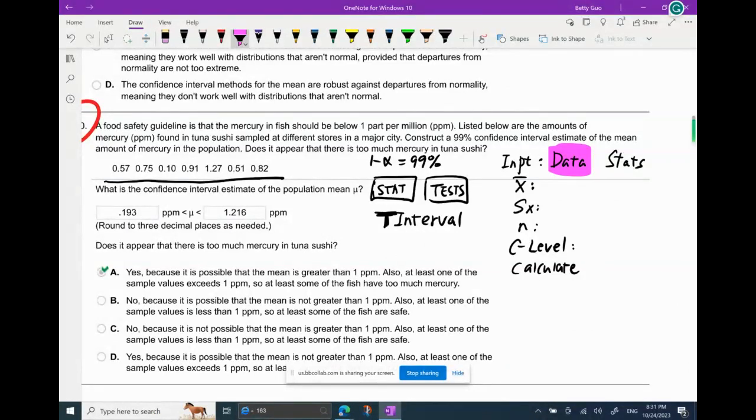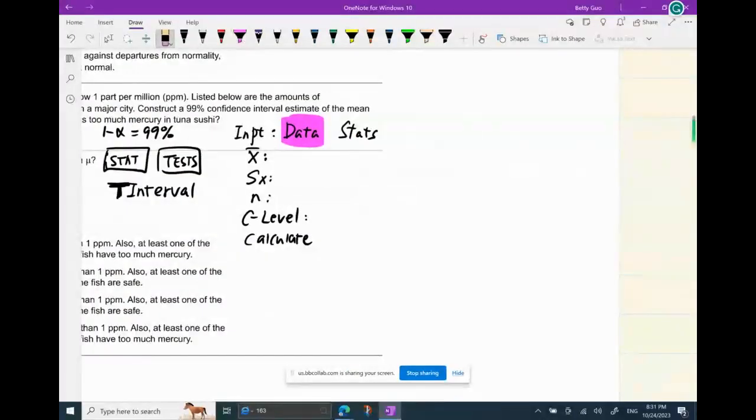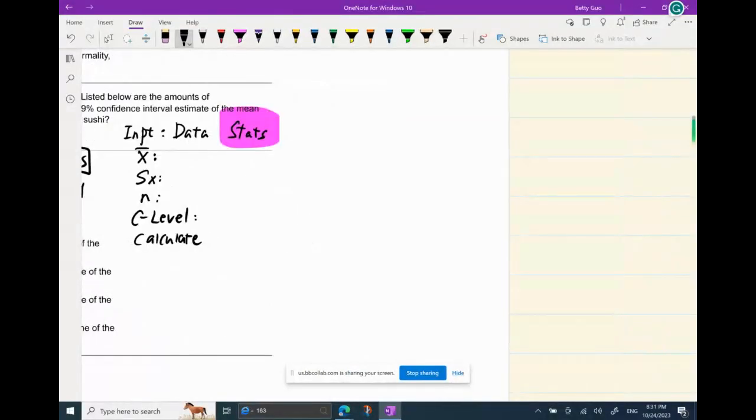Once you have data confirmed, so earlier it was here, right? Once you have data confirmed, the menu would look different.